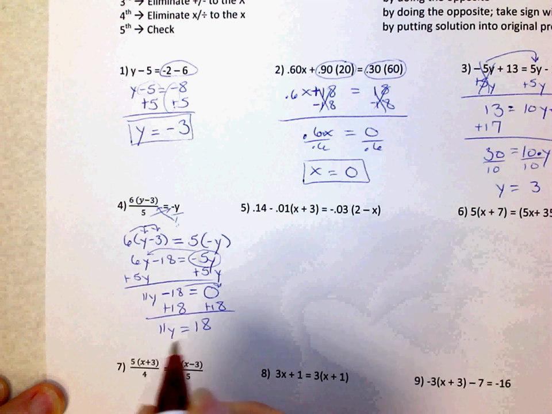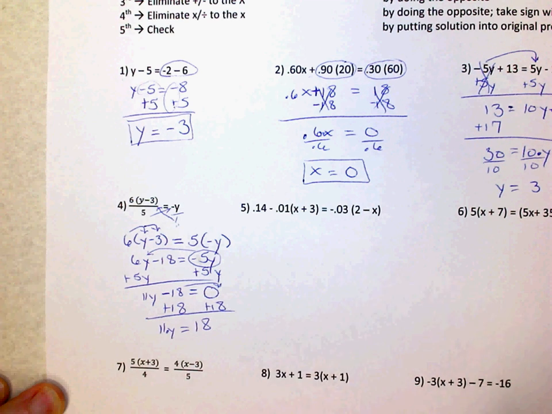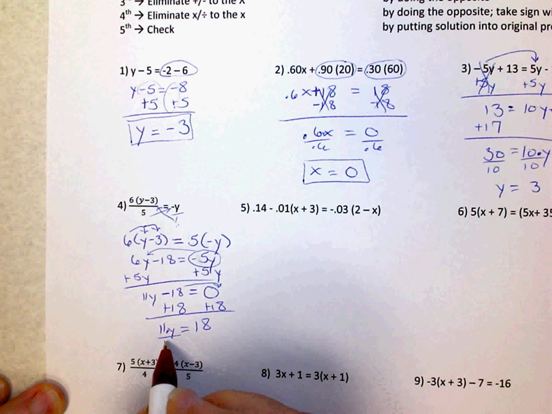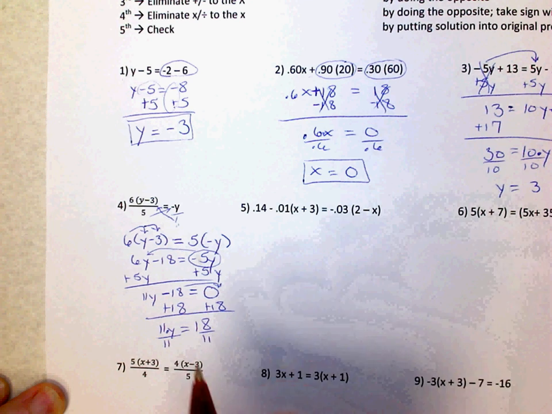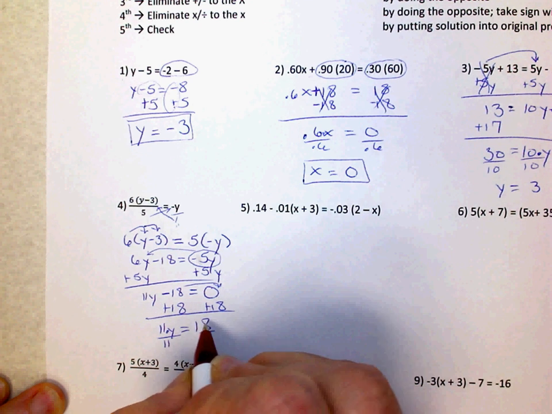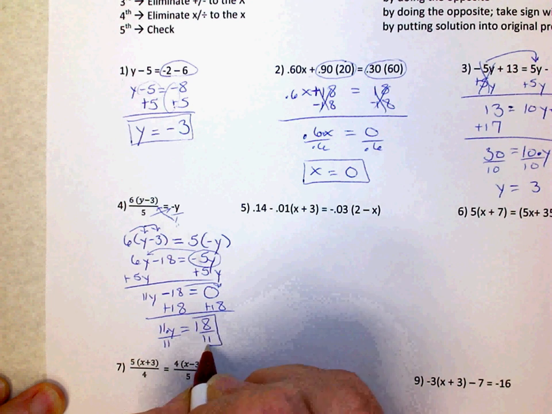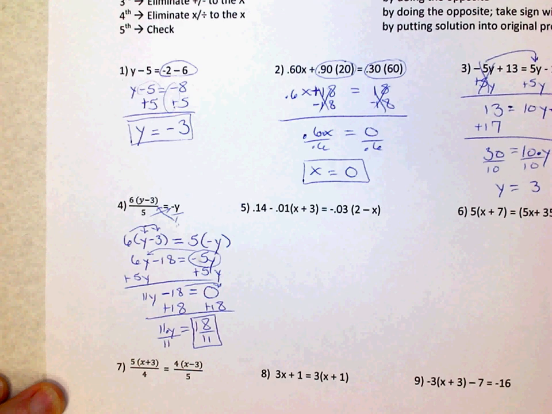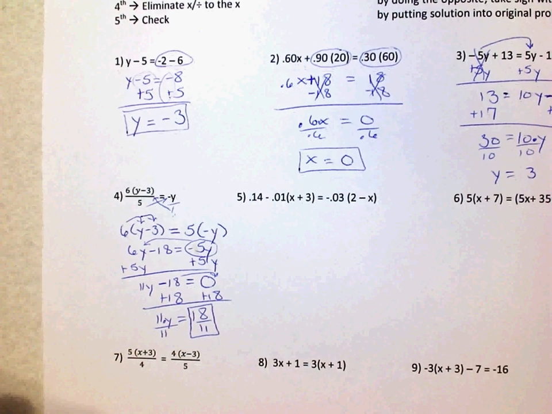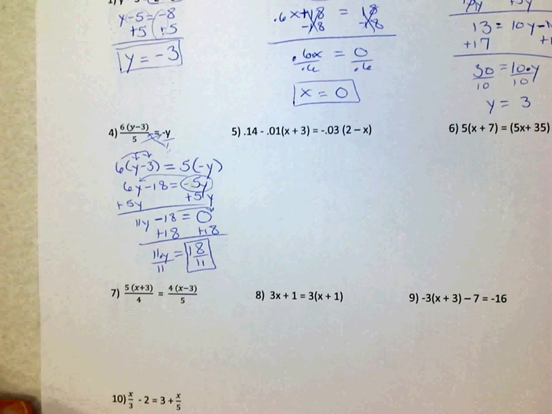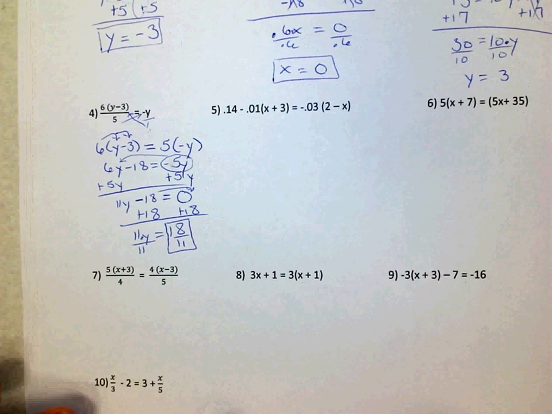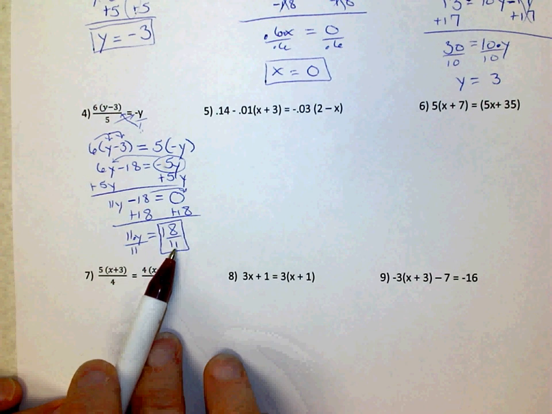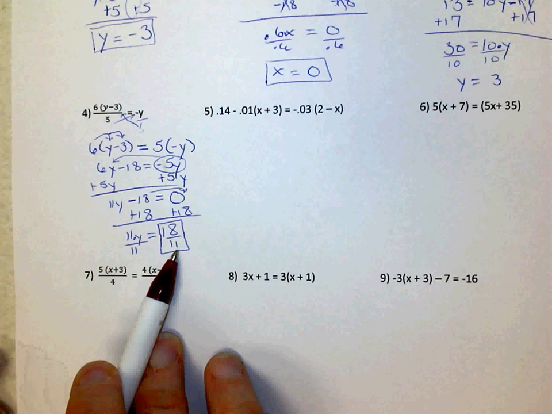The opposite of timesing by 11 is to divide by 11. And believe it or not, they want the 18 over 11. If it had been 18 over 12, we could have divided a 2, actually a 6 out of top and bottom. But in this case, there's nothing that divides out, so this one is done.